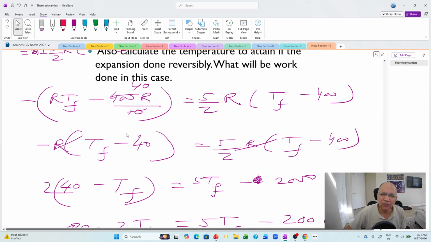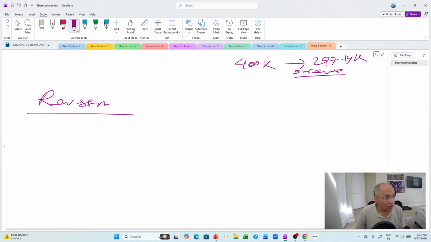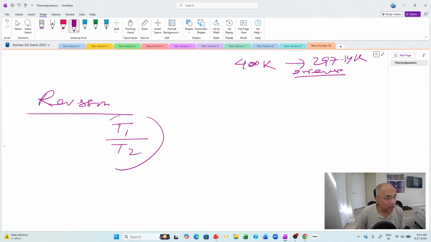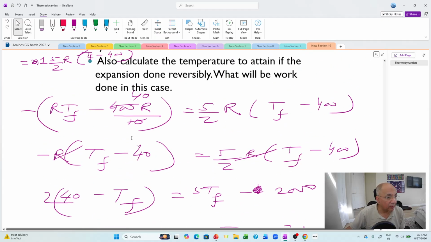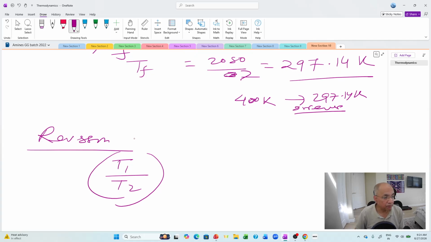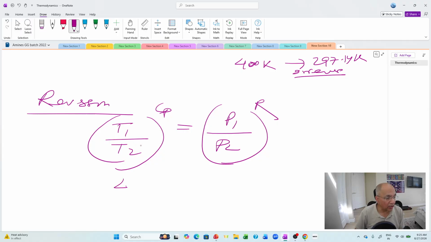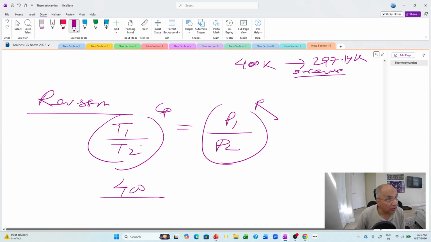So instead of finding the volume again, we shall be using T1 by T2 to the power Cp, T1 by T2 to the power Cp is equal to P1 by P2 to the power R. So T1 is 400. T2 we are going to find out in the reversible process.